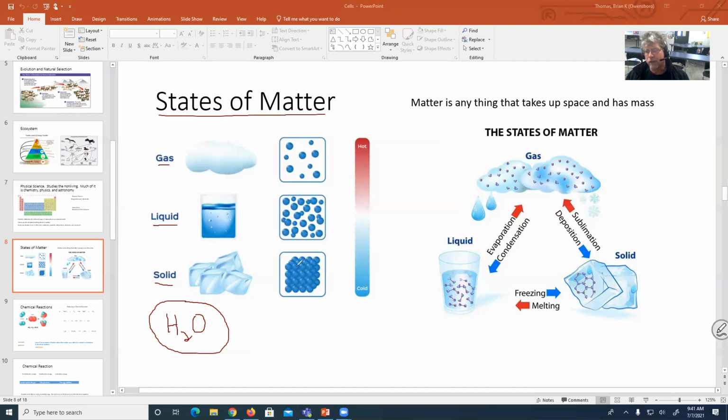If you look down here at a solid, notice how the molecules are very organized and structured. So they're much closer together. That's one of the things that's cool about solids, liquids, and gases: the molecular structure, how closely together the molecules are to each other. So that's a quick lesson on states of matter.